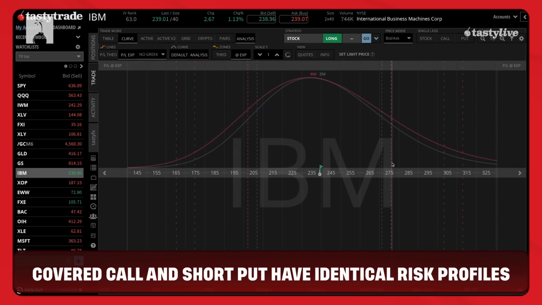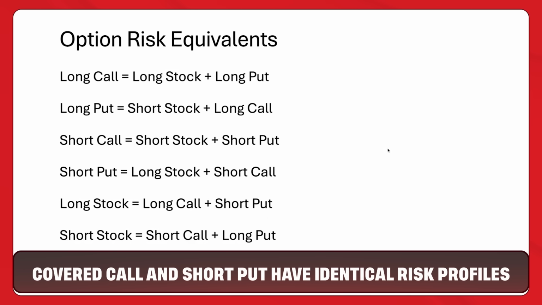Let's go back to this one. Short put. Long stock plus short call. What does that sound like? That's everybody's favorite, the covered call. So people buy stock and they sell a call to either generate income, which is kind of the standard response, or the way I like to interpret covered calls is reducing the cost basis of the long stock.